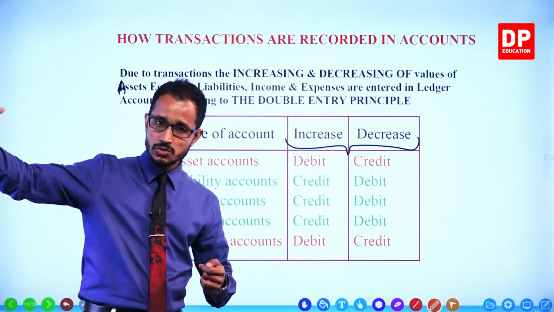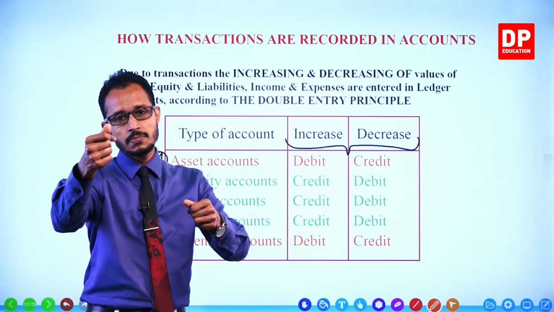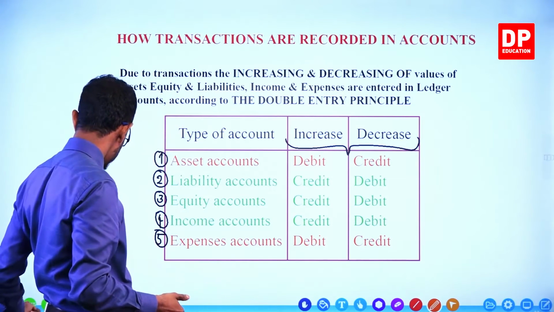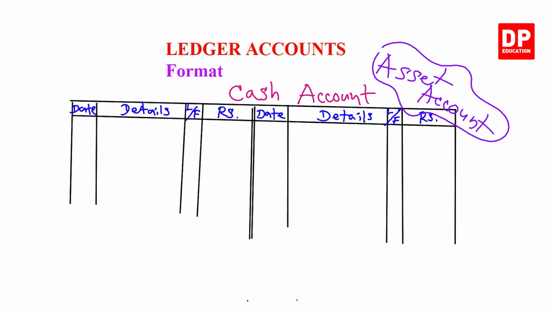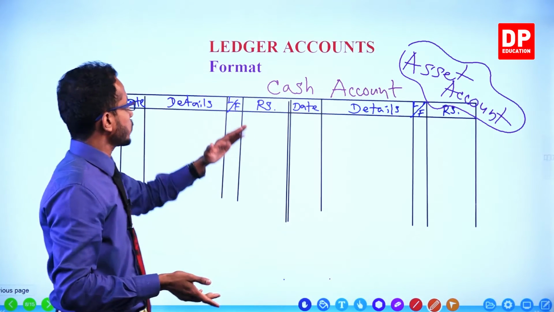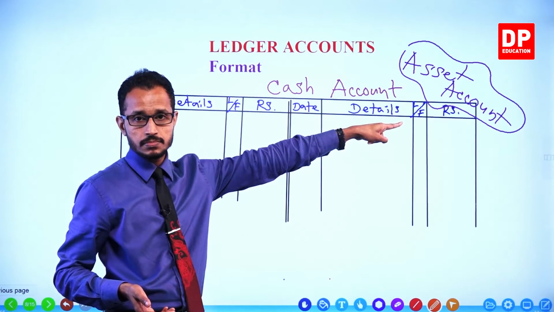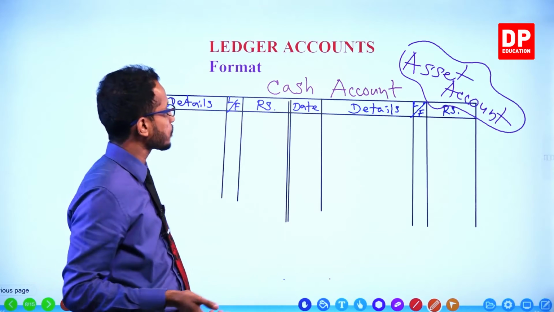Cash comes into the business. So cash is an asset and you have a cash account drawn. You don't know whether to put this 100 on the debit side or the credit side.